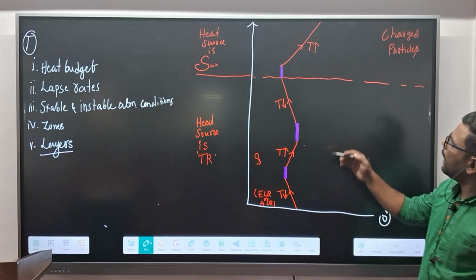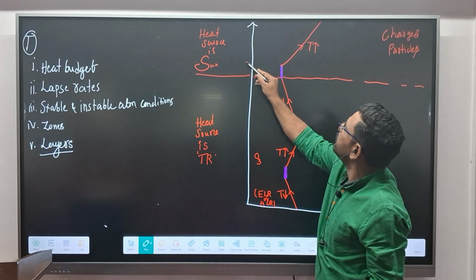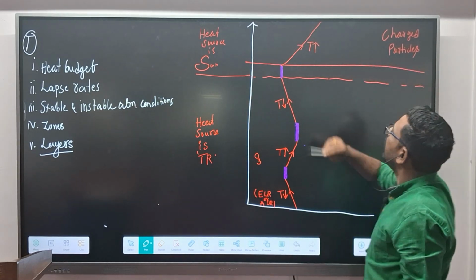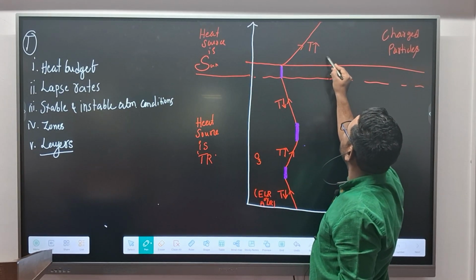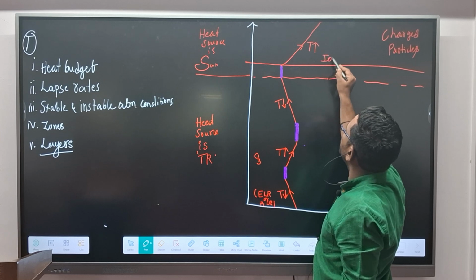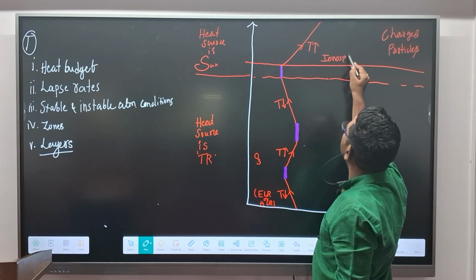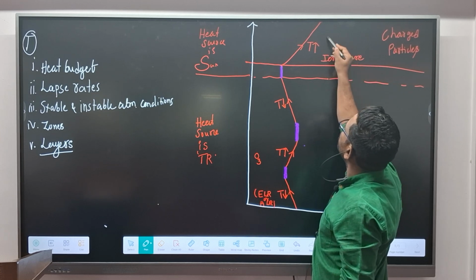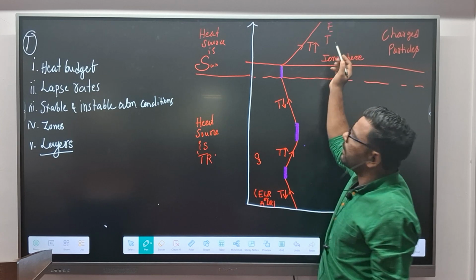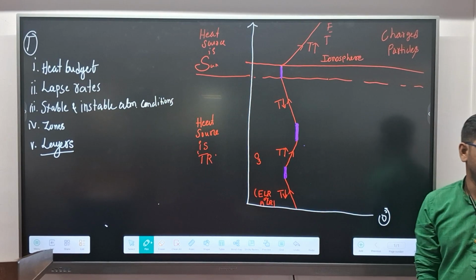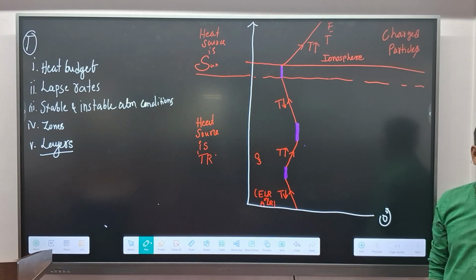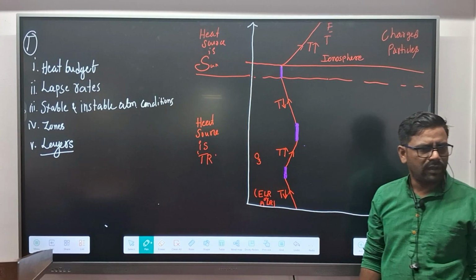Fine. And similarly, after this, I am writing, it can be divided as ionosphere, thermosphere, and you can write exosphere. Exo means outside.